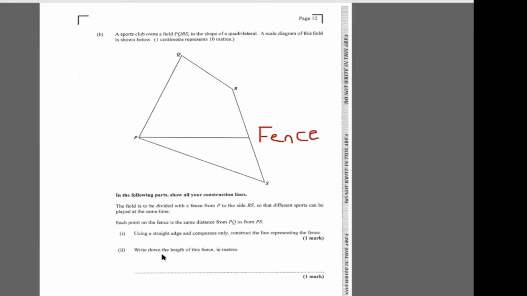Then it says write down the length of this fence. So all you're going to do is use your ruler and measure this fence right here. Of course, I don't have the physical paper to measure it. So let me see.